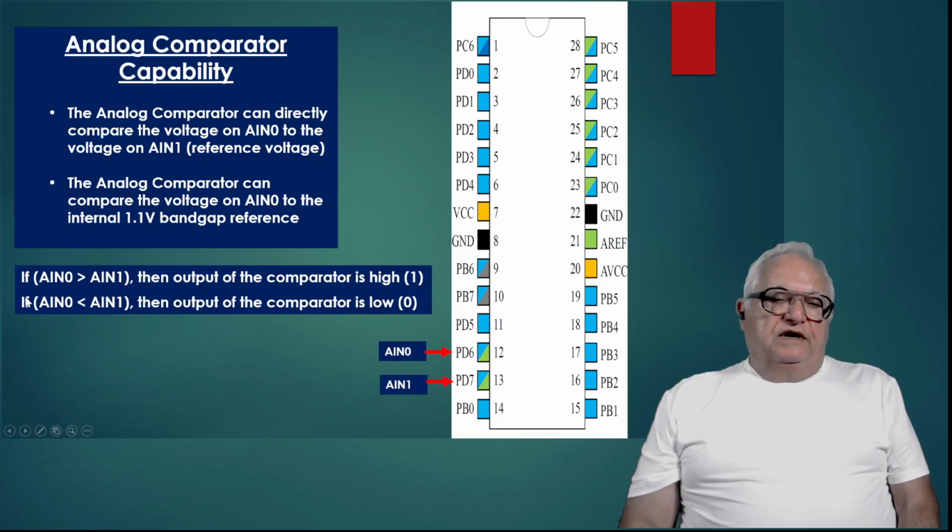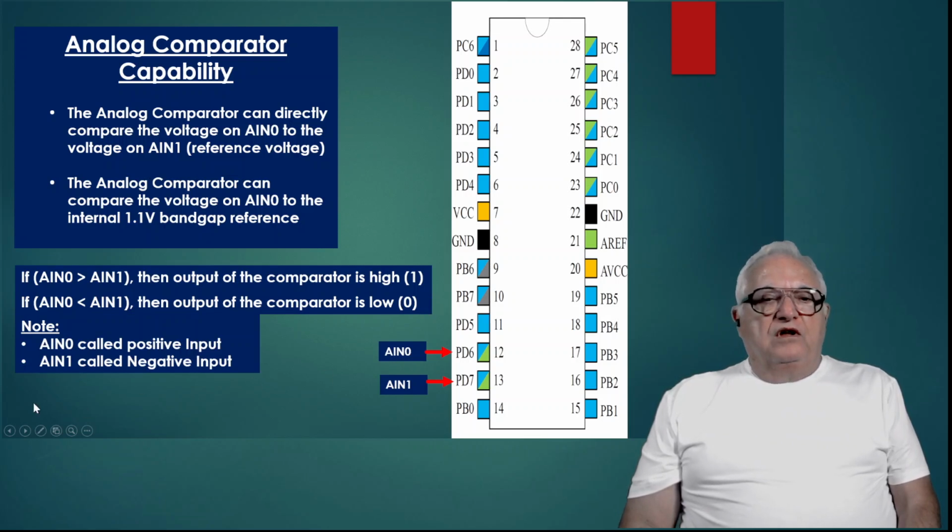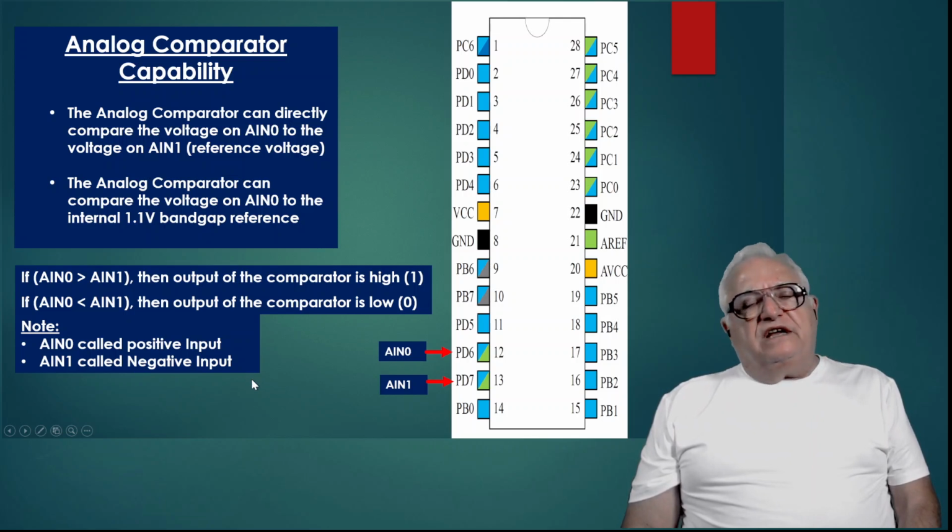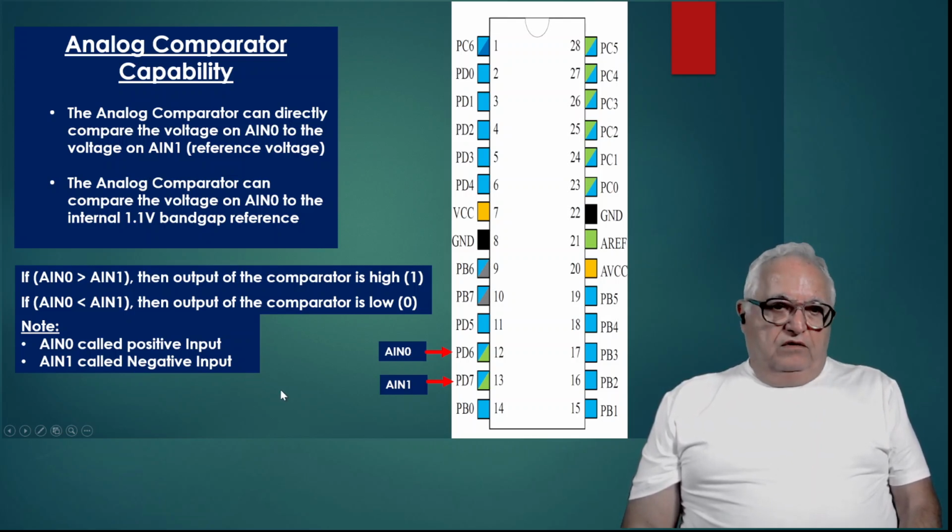Now opposite, if the reference voltage is greater than the voltage you're monitoring, then the output is going to be low, which is 0. Also, it's good to understand that AIN0 is called the positive input, and AIN1 is called the negative input. That's just a convention, not necessarily having to do with positive or negative values.